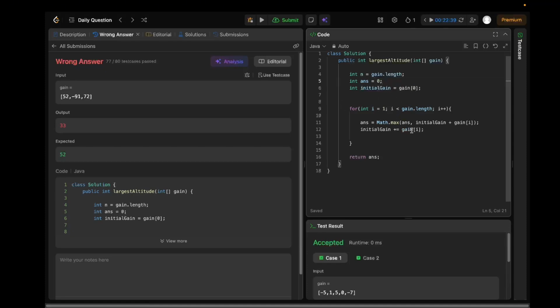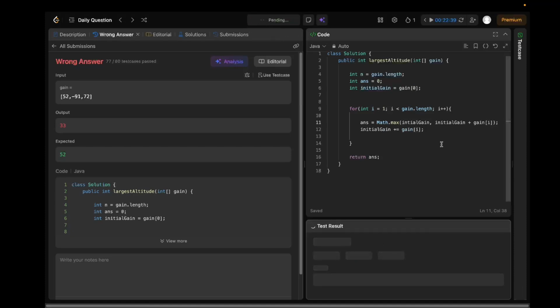So instead of answer, I could just type in, oh, let me have answer. So initial gain. What if I do it like this? So initially I gave this value because that's the first highest altitude, right? Okay, let me try it now.